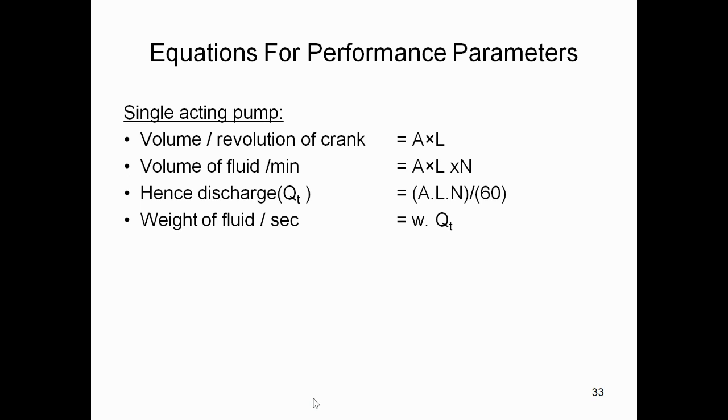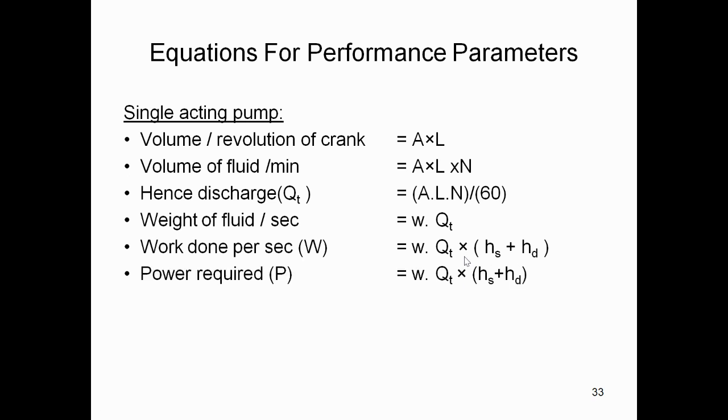Next, work done per second, W, is equal to small w into Qt into hs plus hd. Next, the power required, P, is equal to w into Qt into hs plus hd.